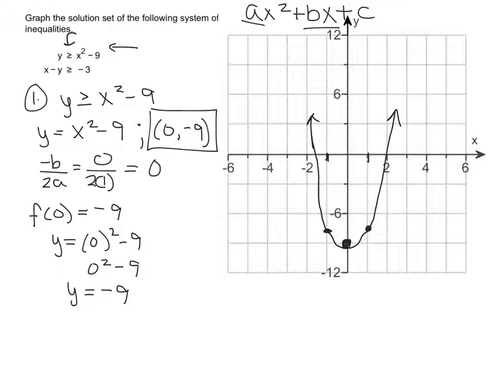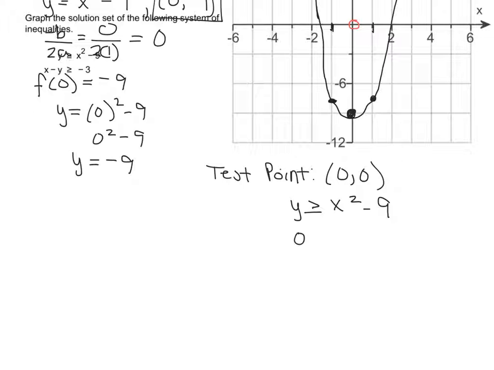Now I want to determine where to shade on the graph. So I'll choose a test point, and I'm going to choose 0, 0 as my test point, which is here. So we'll plug in a 0 for y and a 0 for x into the original inequality.